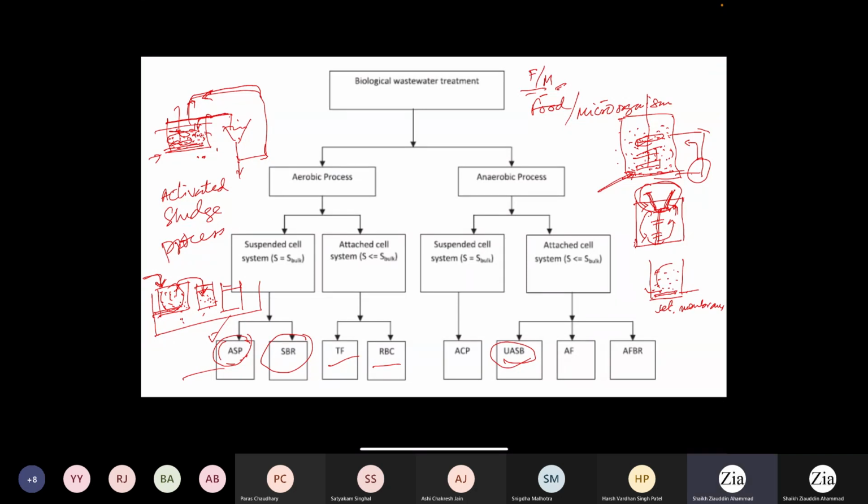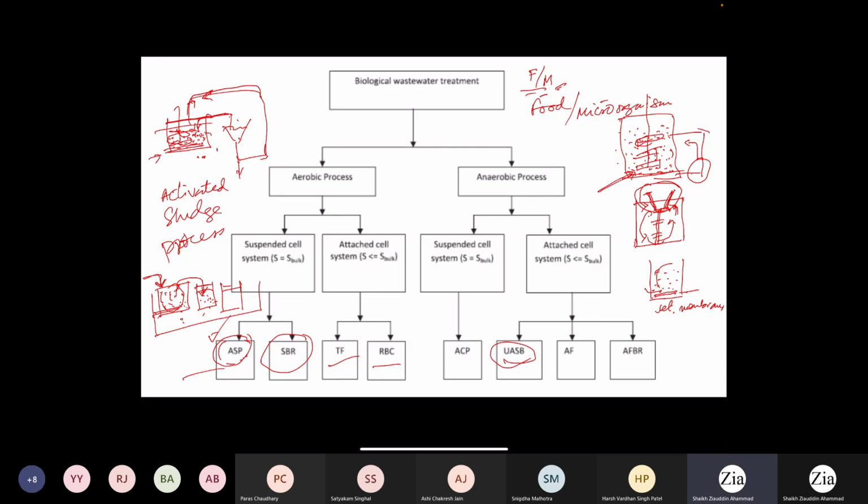So the bacteria or microorganisms which follow aerobic metabolism are a little bit faster growing compared to anaerobic organisms. So when you need to use anaerobic systems, the growth rate is slow.